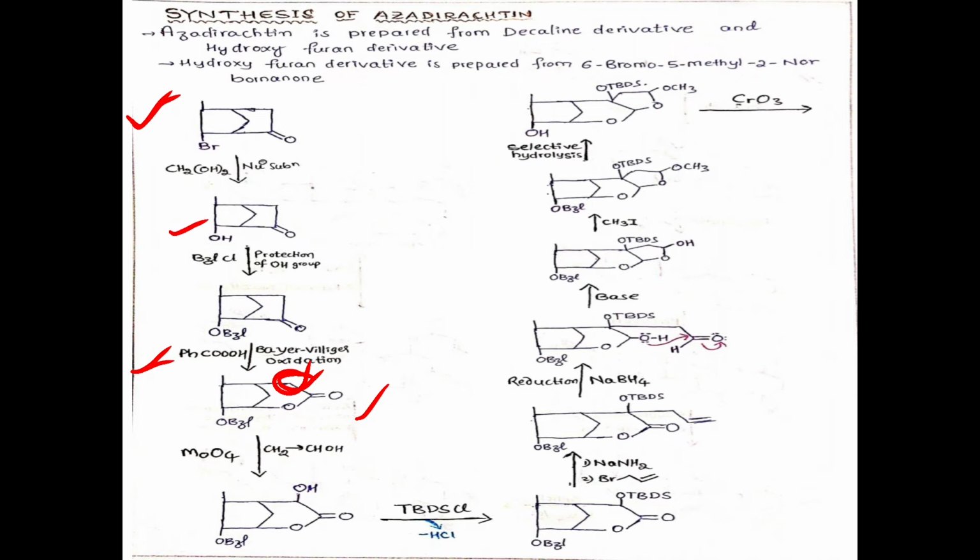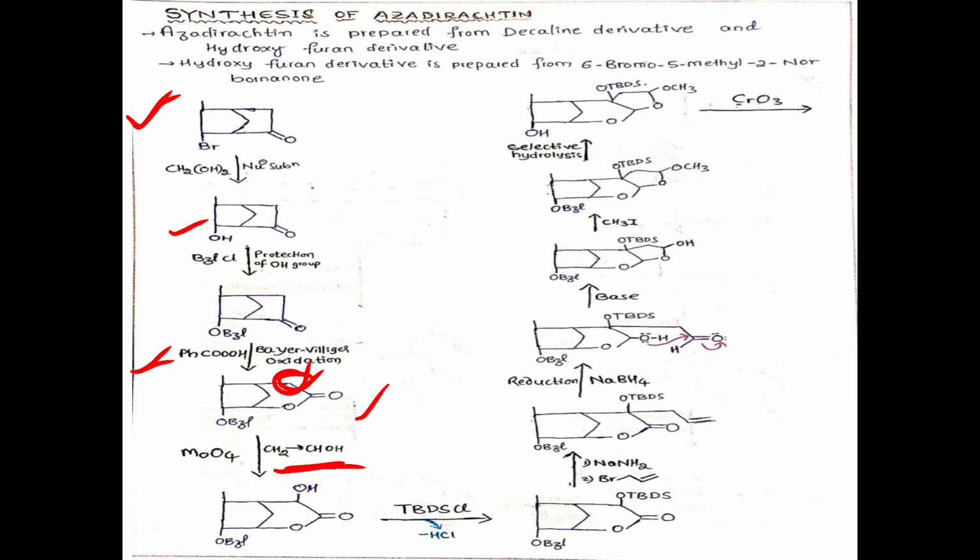So the CH2 group alpha to the carbonyl carbon can be converted into CHOH. So again we get another hydroxy group which is reactive, so we have to protect this hydroxy group.